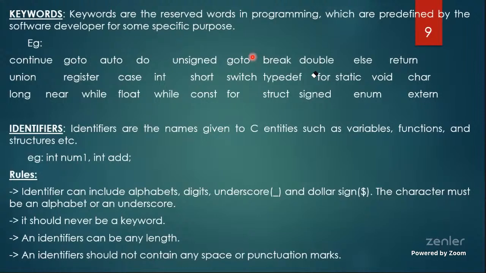What is a specific purpose? For example, when we use if, can you tell me when we will use if? Condition, very good. Whenever we use the word if, that means there is a condition next to it.